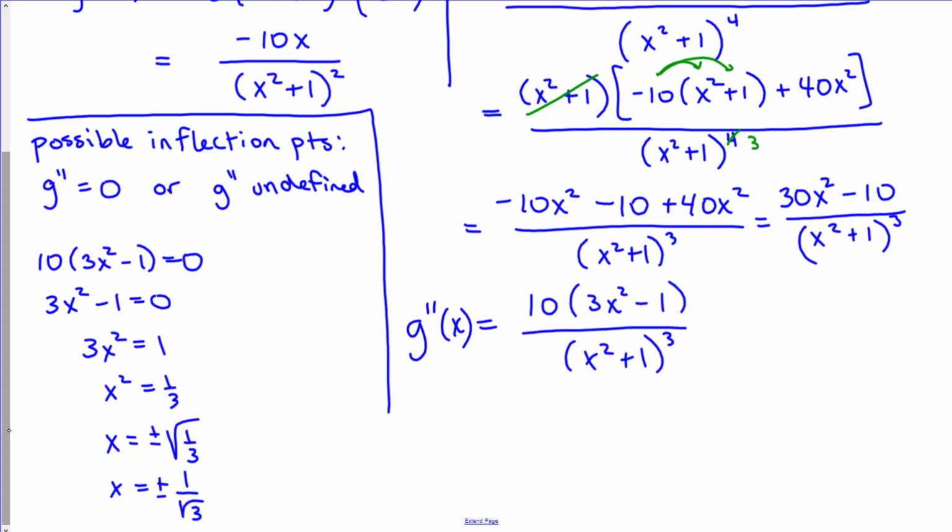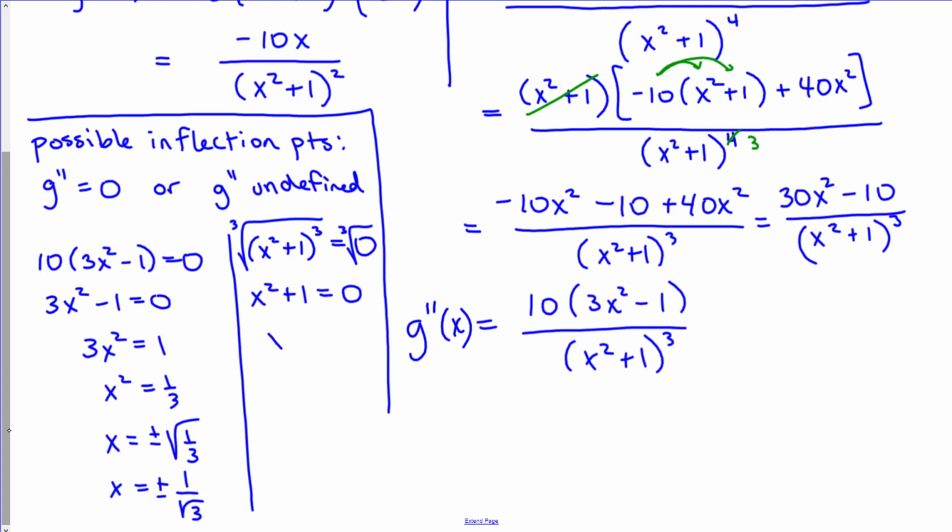Now, where the second derivative is undefined, it'll be undefined where the denominator is 0. So x squared plus 1 cubed equals 0. Solving this, I would take the cube root of both sides to get rid of that cube. So x squared plus 1 equals 0, or x squared equals negative 1, or x equals plus or minus i, which is the complex value i.